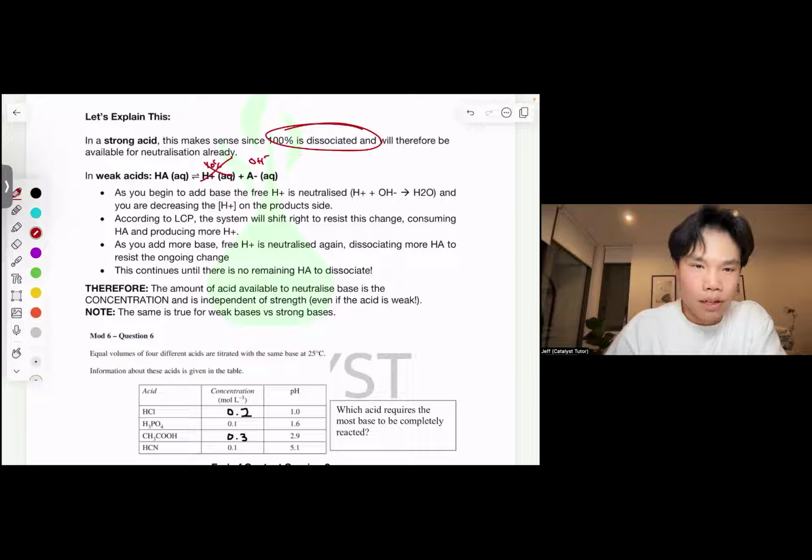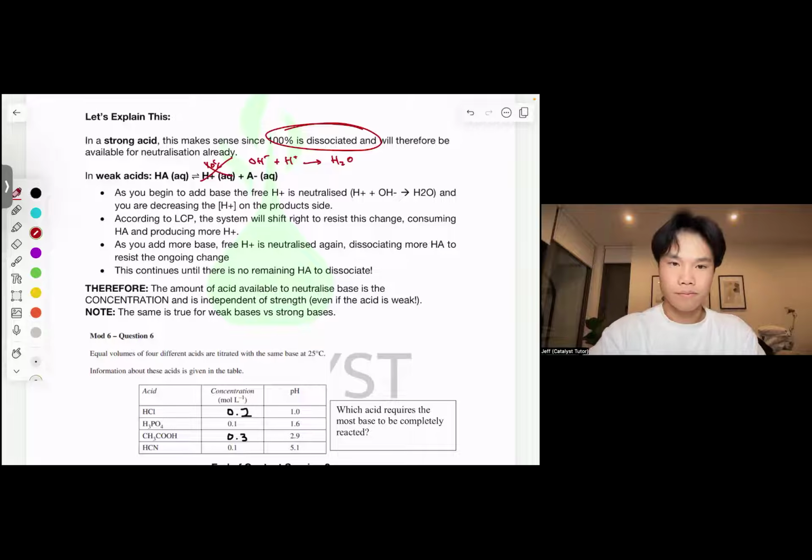You add in OH minus, it reacts with H plus. What happens from here? Will anything happen to the equilibrium?